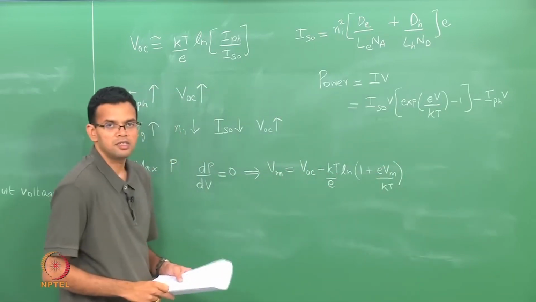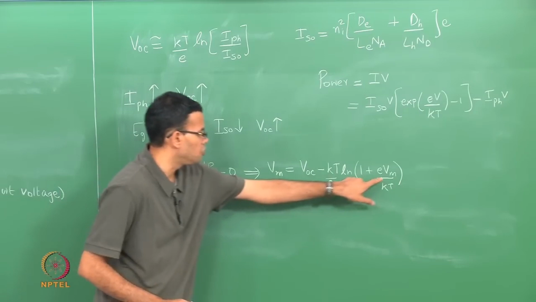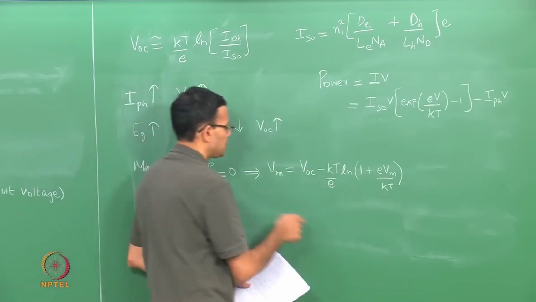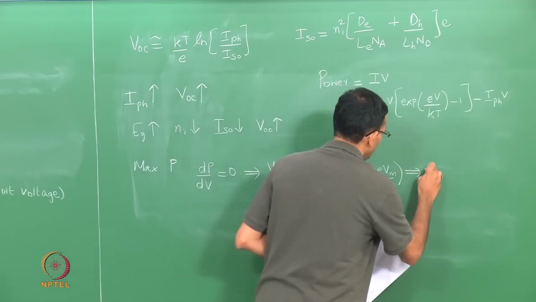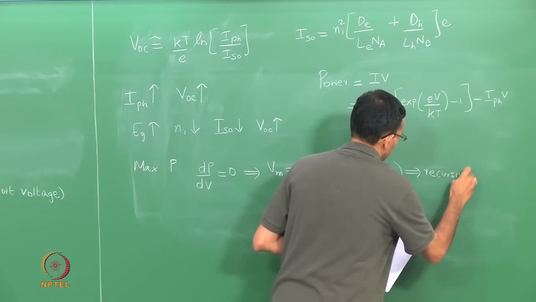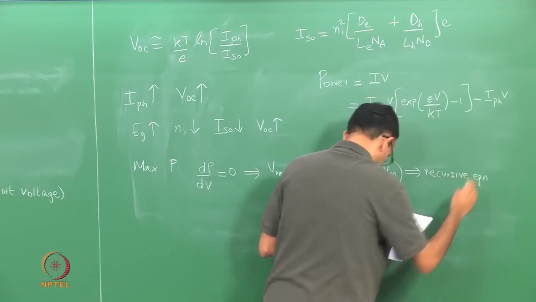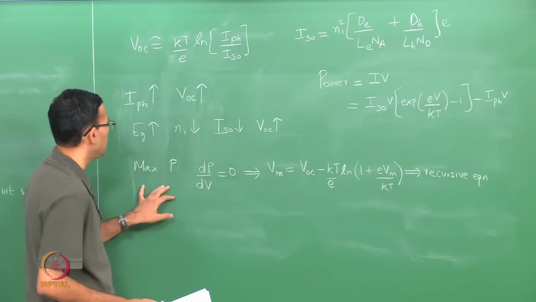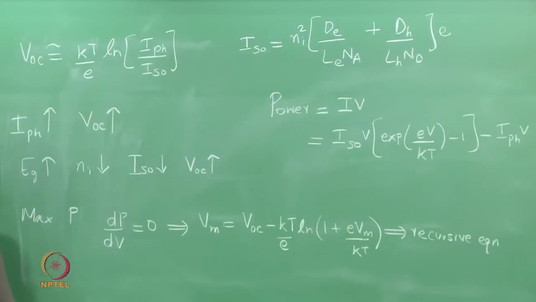So, this is a recursive relationship because Vm is on both sides, but it can be solved in order to get the maximum voltage or the voltage corresponding to maximum power. So, once we know the value of Vm, we can plug in this expression and get the maximum power.